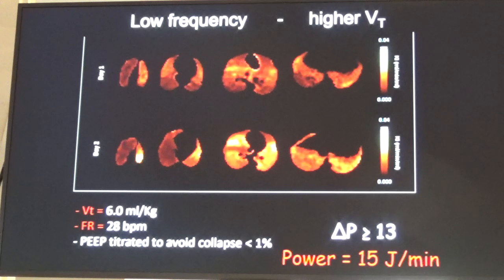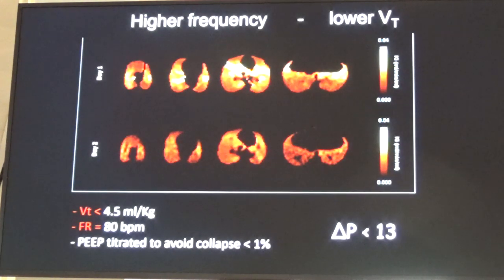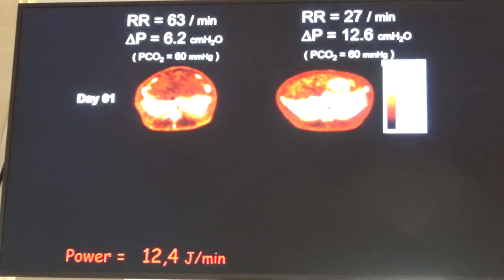Okay? Now let's take the other group of animals, the randomized arm. This is the baseline injury, and this is after 24 hours. So inflammation decreased. Why? Because driving pressure was low, despite the fact that power was very high. So power is introducing noise in our information at the bedside, leading us to a wrong conclusion here.